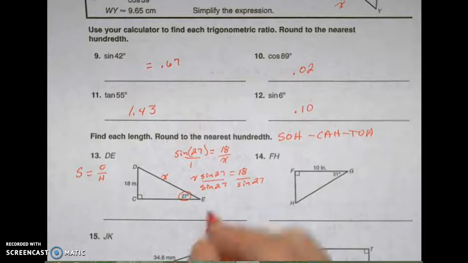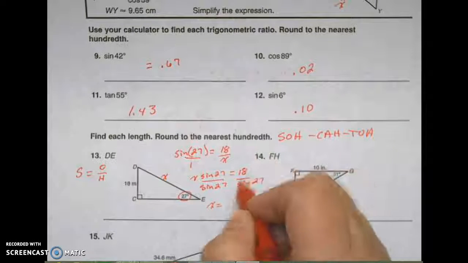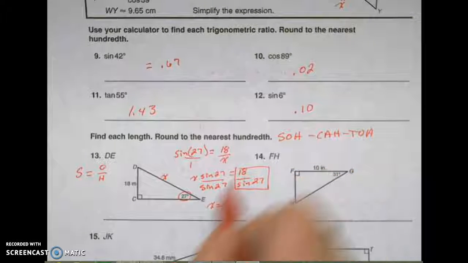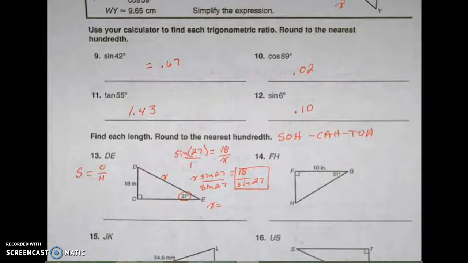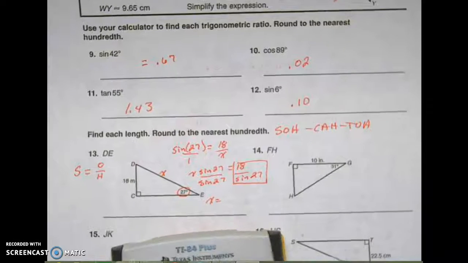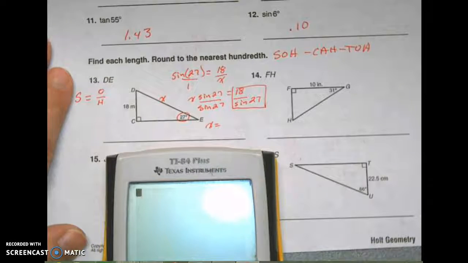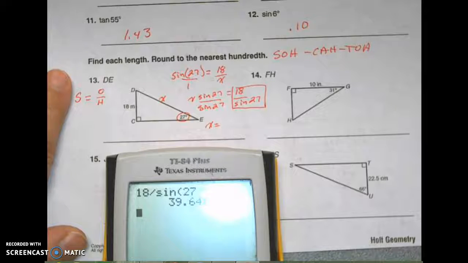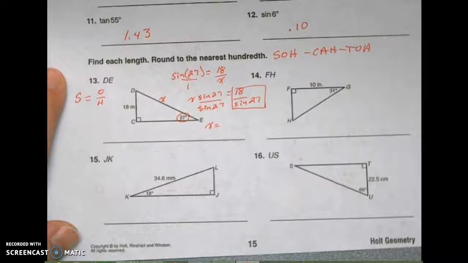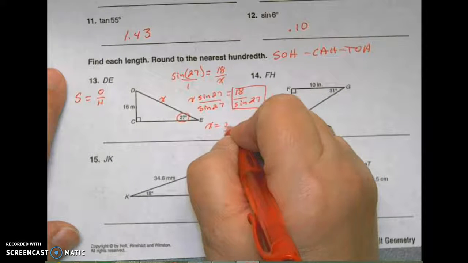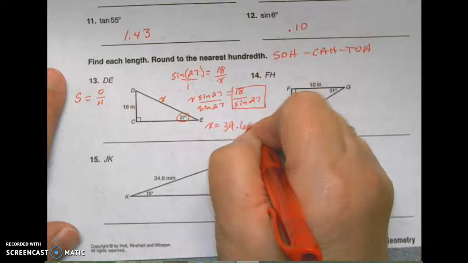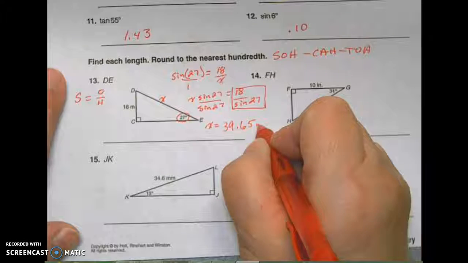So now in my calculator to find my x, all I have to do is type this in. So I want 18 divided by the sine of 27, and that gives me 39.648, which rounded to the nearest hundredth is 39.65 meters.